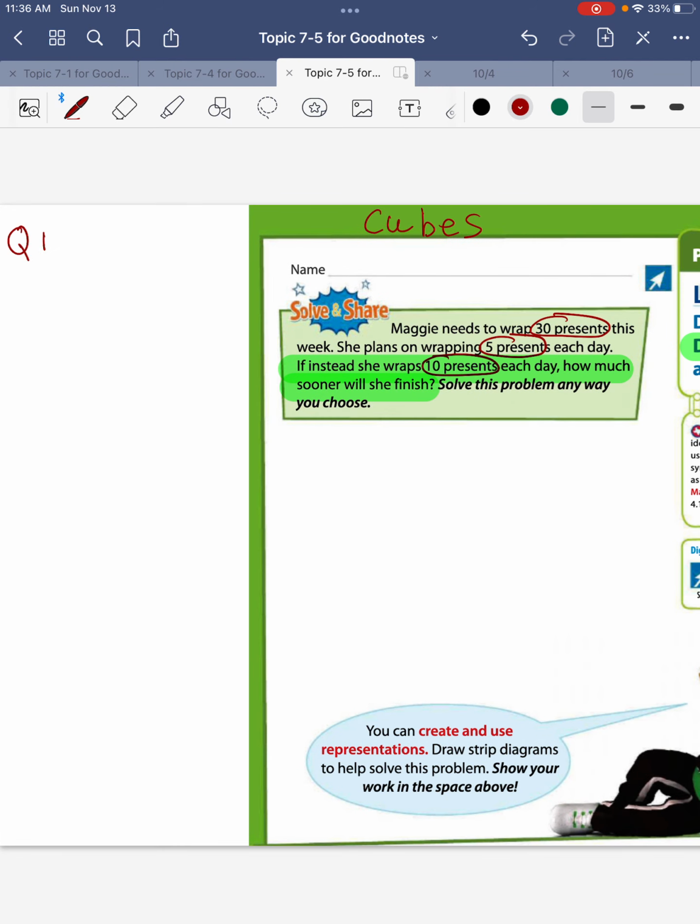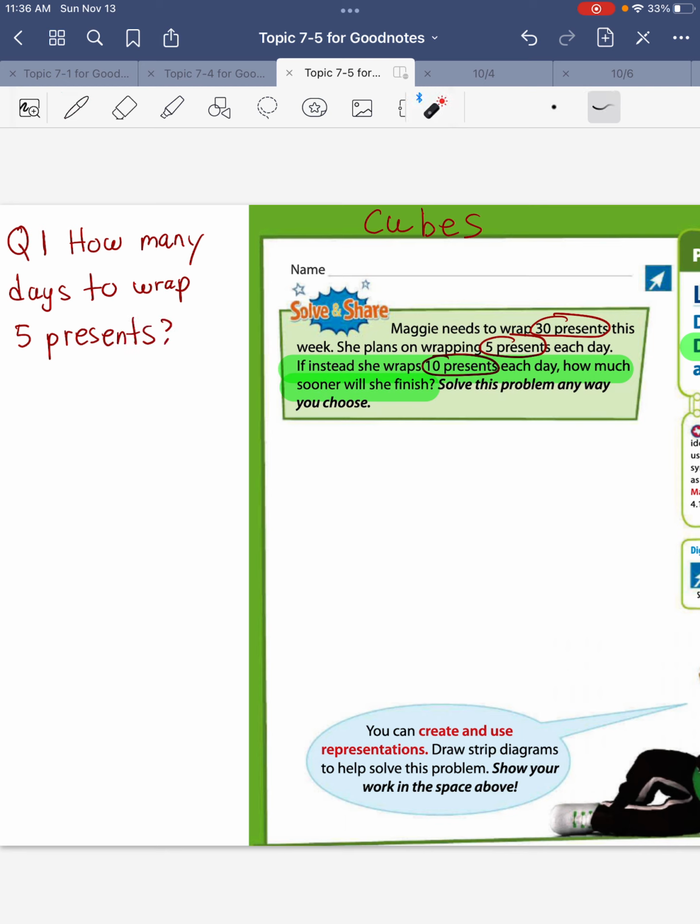Okay, my first question is going to be, how many days to wrap 5 presents? Okay, that's my first question because it says she plans on wrapping 5 presents each day.